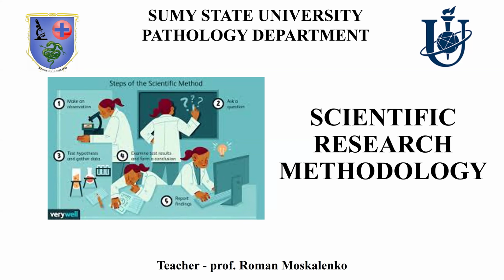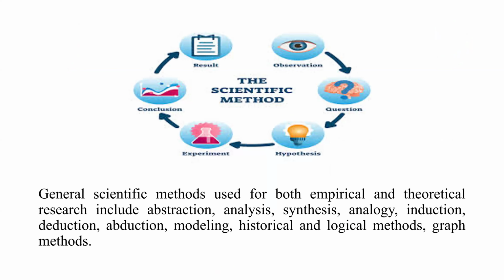Hello, today we will talk about scientific research methodology. Probably it's not such a bright topic in our course, but it's very important. General scientific methods used for empirical and theoretical research include categories like abstraction, analysis, synthesis, analogy, induction, deduction, abduction, modeling, historical and logical methods, and graph methods.